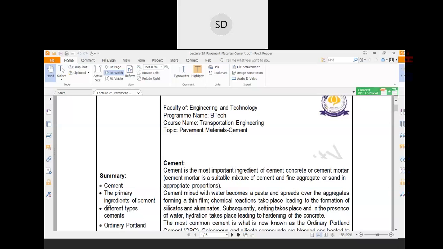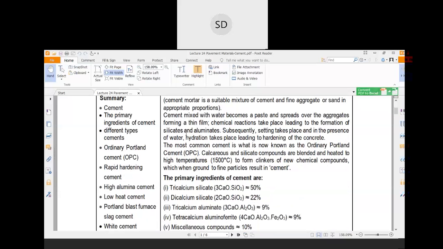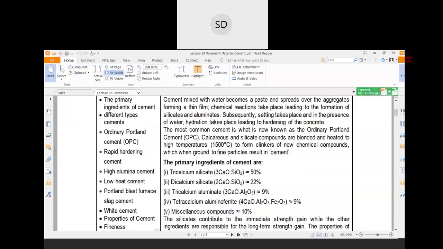Rigid pavement means the pavement which is constructed with cement concrete. Now, cement is the most important ingredient of cement concrete or cement mortar. There are different ingredients of cement which you already know. Generally, for road construction of rigid pavement, ordinary Portland cement is used.